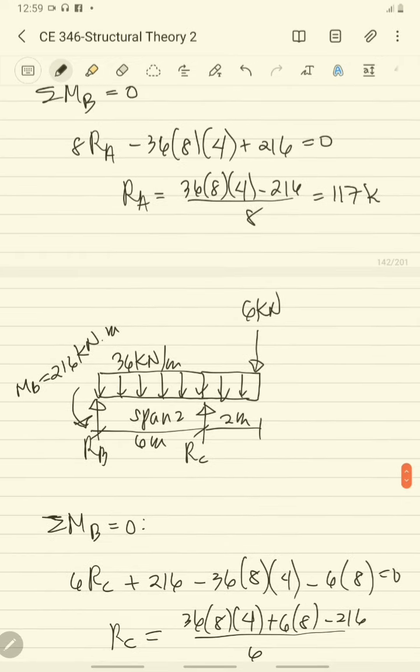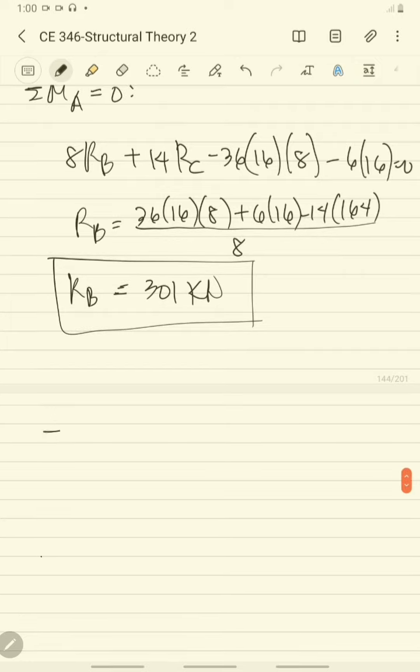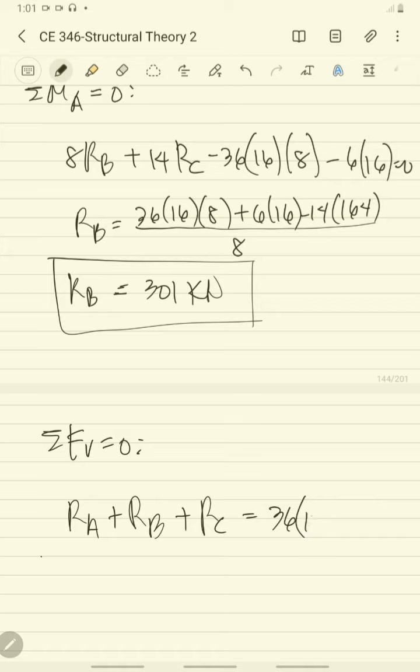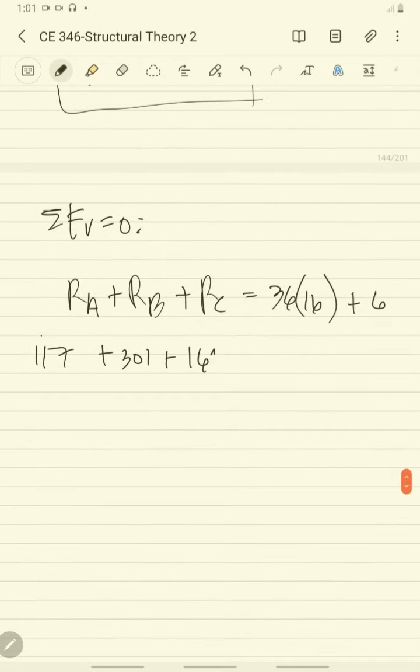To check if all our reactions are correct, we have to take summation of vertical forces equal to 0. So you have RA plus RB plus RC equal to 36 times 16 plus 6. RA is 117, RB is 301, RC is 164.